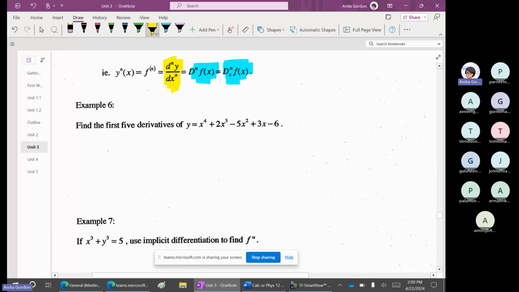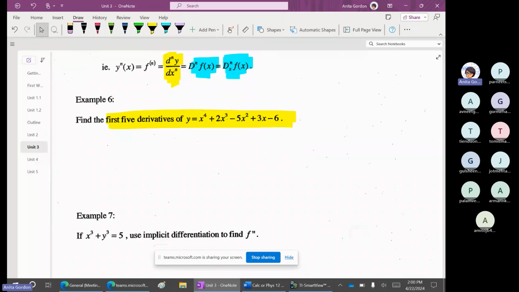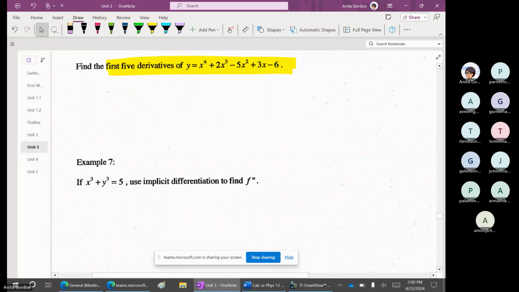So I will leave you to do this in class right now. What are the first 5 derivatives of this function? First 5 derivatives. Take a moment.